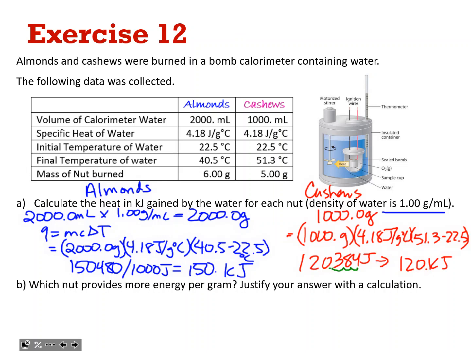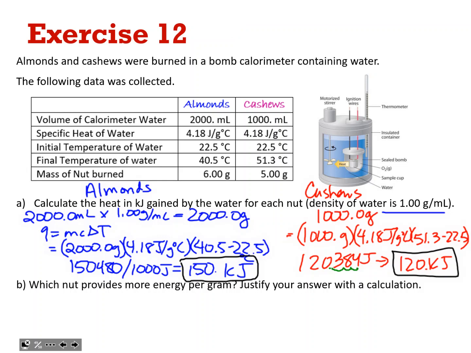So the calculate the heat gained by the water. So 150 kilojoules versus 120. And then which nut provides more energy per gram? So that's a simple calculation. What should we do to find that? Take our heat that was evolved and do what with it?